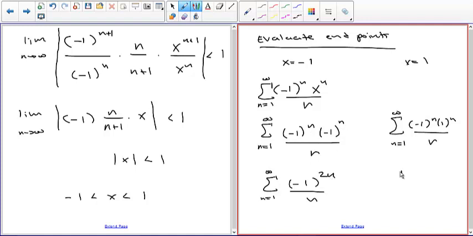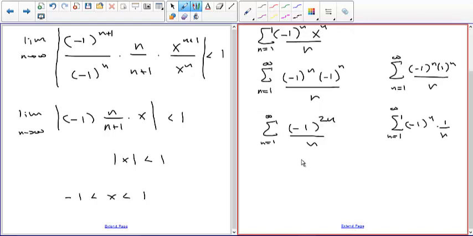Over here we have -1 to the n times 1 to the n. Well, 1 to the n is 1. So we just end up with -1 to the n times 1 over n. But -1 to the 2n, n is always an integer, so 2n is always going to be even.